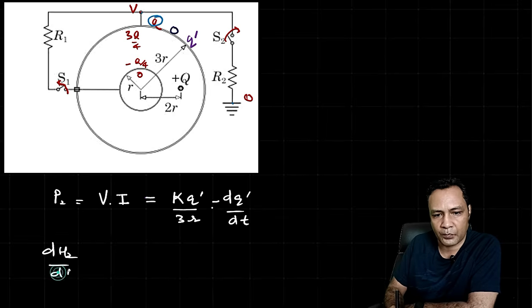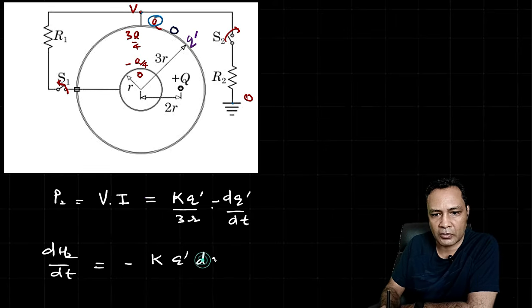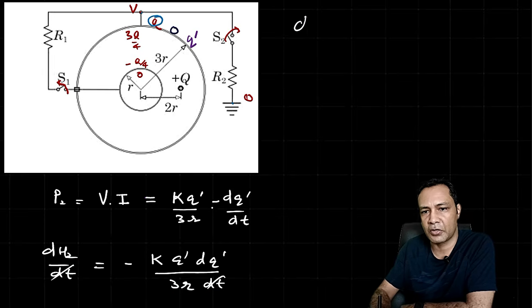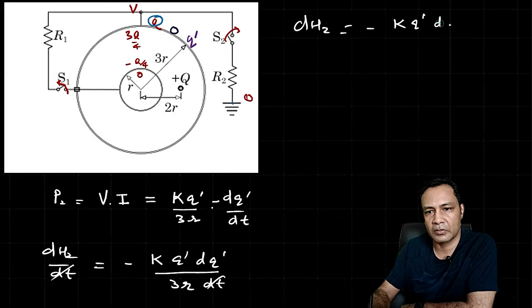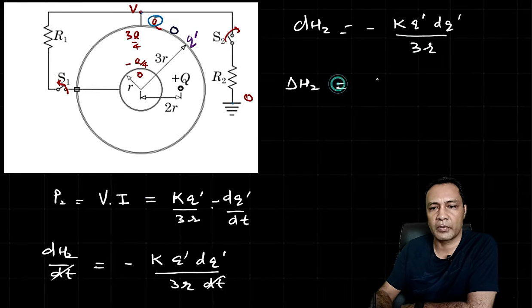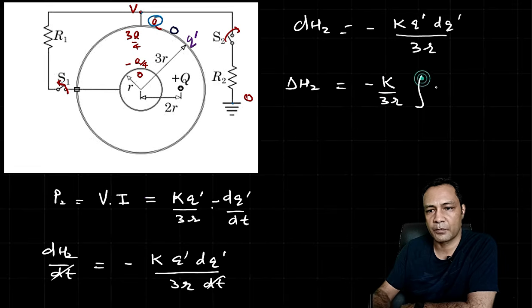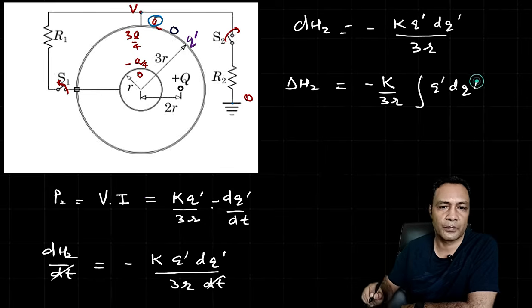This P2 would be dH2 by dt. So dH2 by dt would be minus K Q dash dQ dash by dt by 3R. The dt will get cancelled, so dH2 would be minus K Q dash dQ dash by 3R. So the total heat dissipated, delta H2, would be minus K by 3R, taking outside, the integral of Q dash dQ dash.